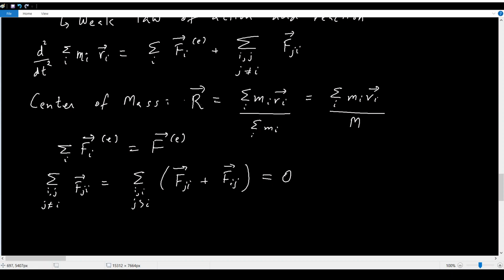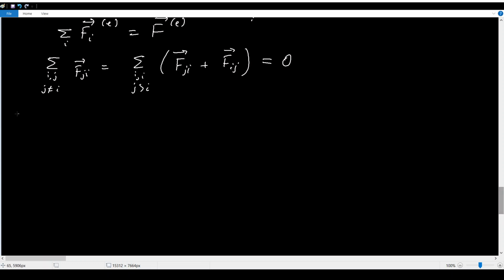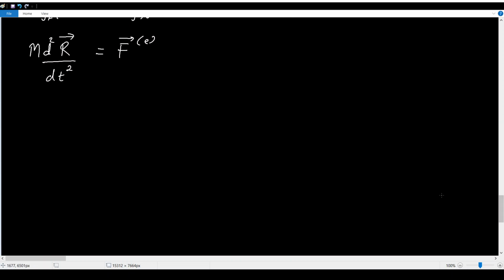So the summation of mi ri is this, and this just becomes capital M, capital R. But of course there's a second derivative with respect to time. Capital M is just constant, and on the right hand side we get the external force, and the second quantity is just 0.